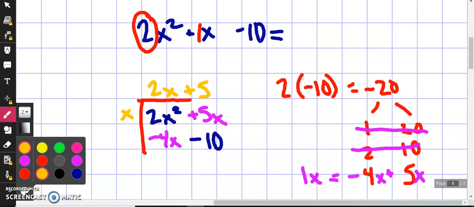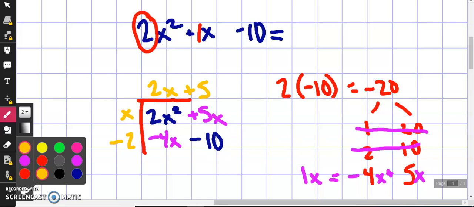And then on my bottom row, if I see a 2x on top and a negative 4x on the inside, then I need to multiply by negative 2 to turn the 2x into a negative 4x. And once again, if I did this correctly, negative 2 times positive 5 should match with my negative 10, and it does.